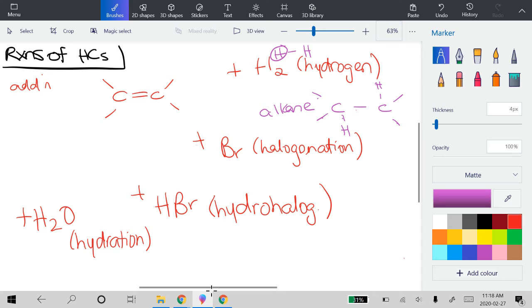If I wanted to do that with the Br2, I would have that. And this time, Br adds one to Br over here to that carbon and another one to that carbon over here. So this one gives me a di-substituted bromoalkane, which is different than the alkane substitution reactions, and I used to get those ones confused.